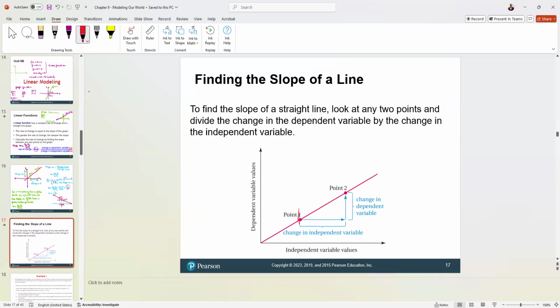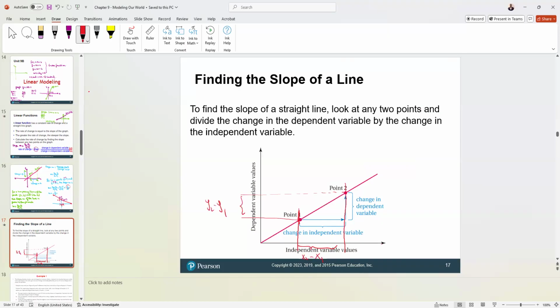That is the change in the independent variable, between x2 and x1, and this is the change between the two values of y.